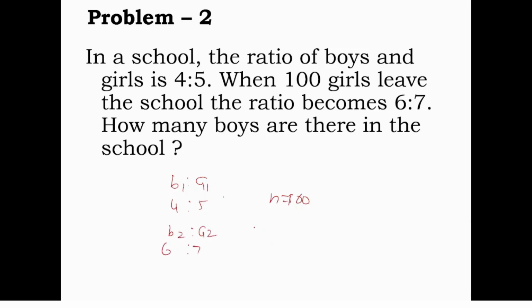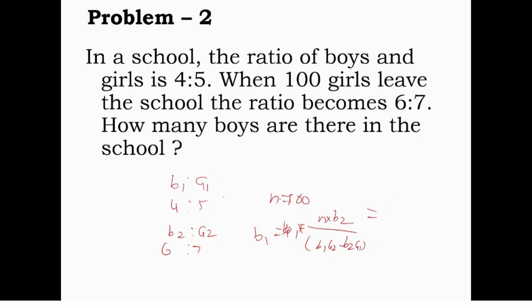So to find the number of boys b1, it has to be considered like this: b1 equal to n into b2 by b1 g2 minus b2 g1.